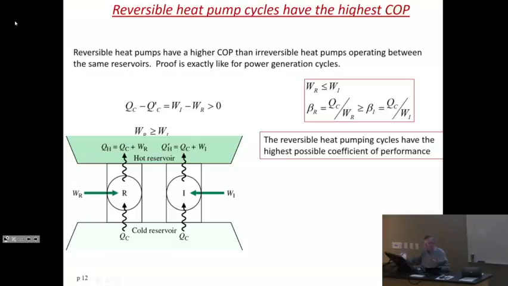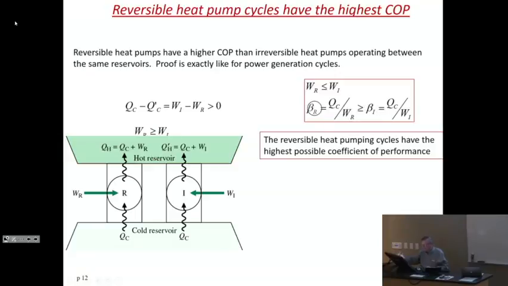What you will then demonstrate is that this same equation holds for the same reason, which implies now that the reversible cycle, in order to pump the same amount of heat, will take less work than the irreversible cycle.